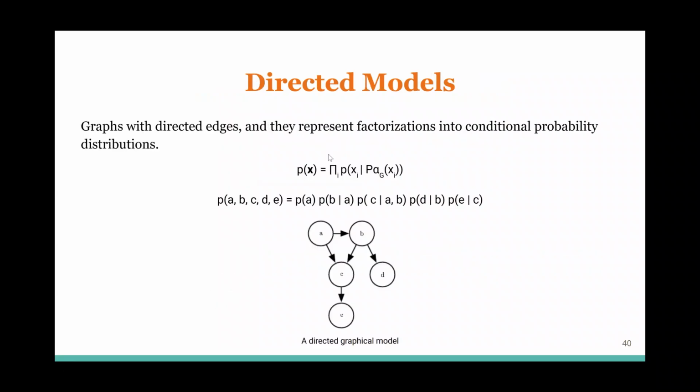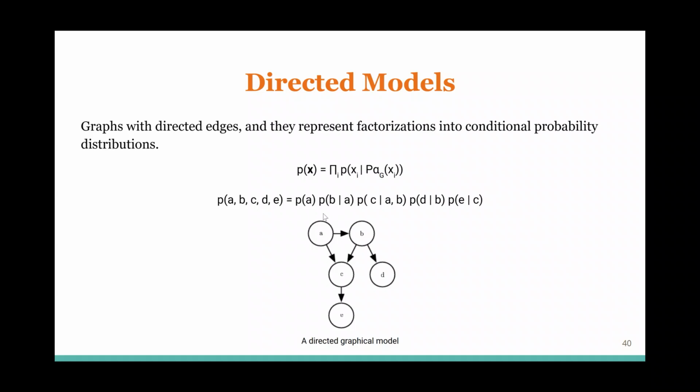To give you an example, they are categorized as directed models and undirected models. In directed models, the edges are directed from one vertex to another, and the factorizations in this case are conditional probabilities. So from this example, A is connected to B, A is connected to C, B is connected to C, B is connected to D, and C is connected to E, right?